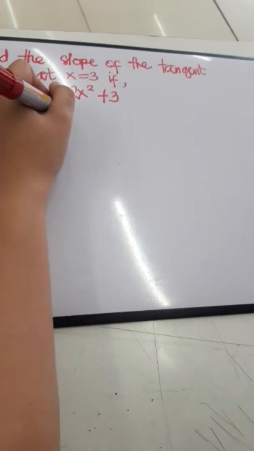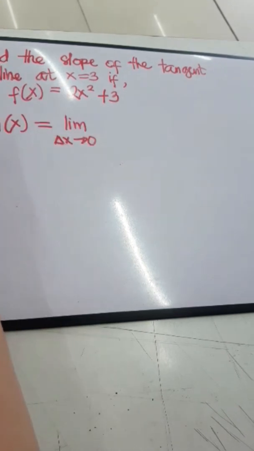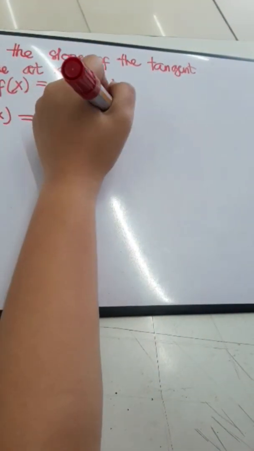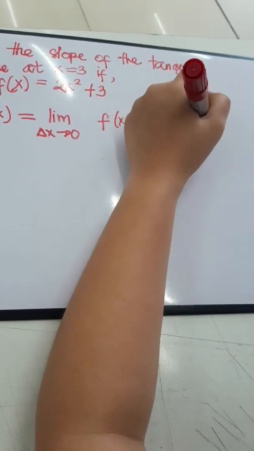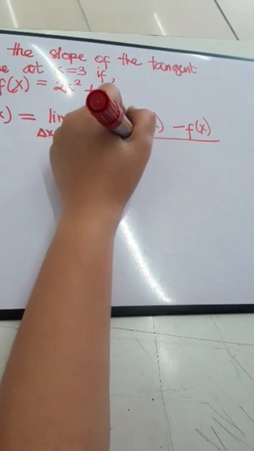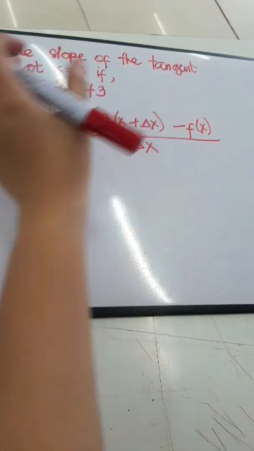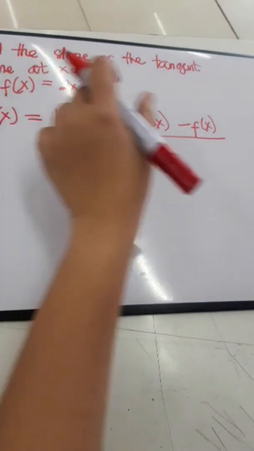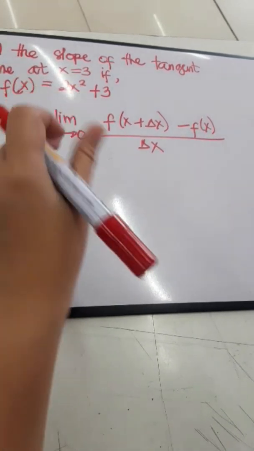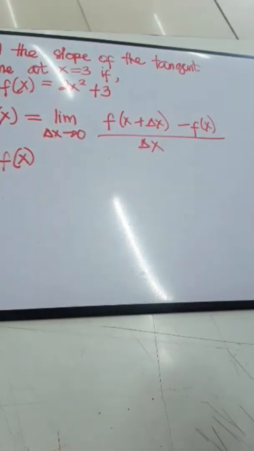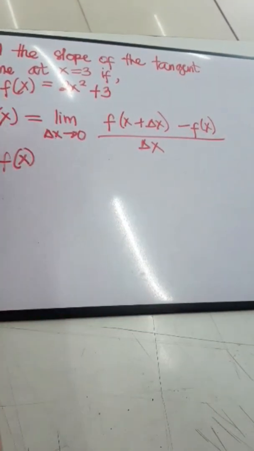M of x is equal to the limit as delta x is approaching to 0 of f of x plus delta x minus f of x all over delta x. Okay? So, igo ra gyapon nato, substitute. First, kwaon nato si f of x, kay para mas dali. Kay gubot manggod siya class kung ato na siyang idiretso pang input dinhi.